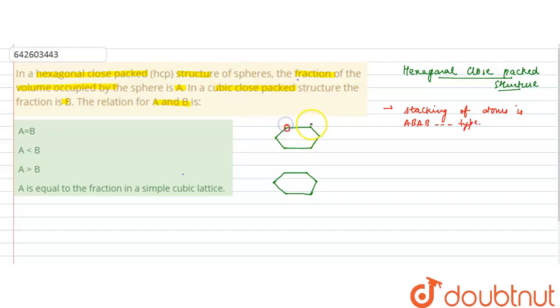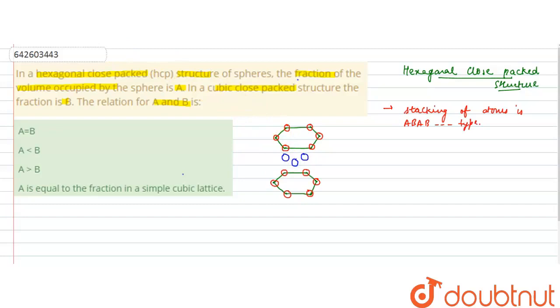This is the hexagonal plane on which atoms are present. Similarly, on this hexagonal plane, atoms are present, and among these two planes, other type of atoms exist like this.